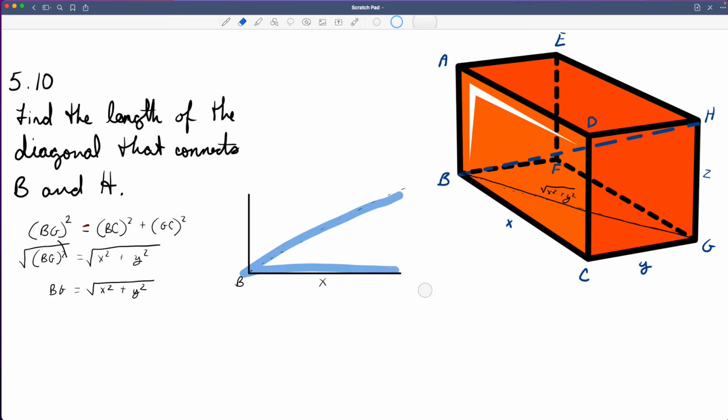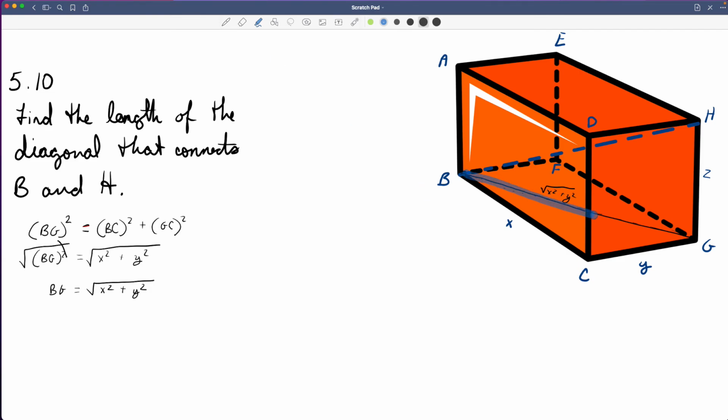If you need that diagram, go back and draw it or rewind so you can see it. So we've found this one, and we know this one is z. Now we're going to find the hypotenuse of this right triangle, which is BH. But we had to find the base of that right triangle in order to find the hypotenuse.